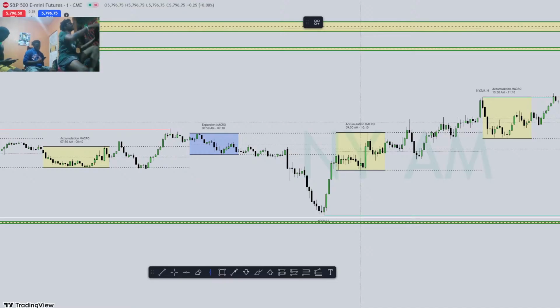Let's see what happens between 8:50 and 10:10. Can you see these white boxes? These are previous sugar canes.